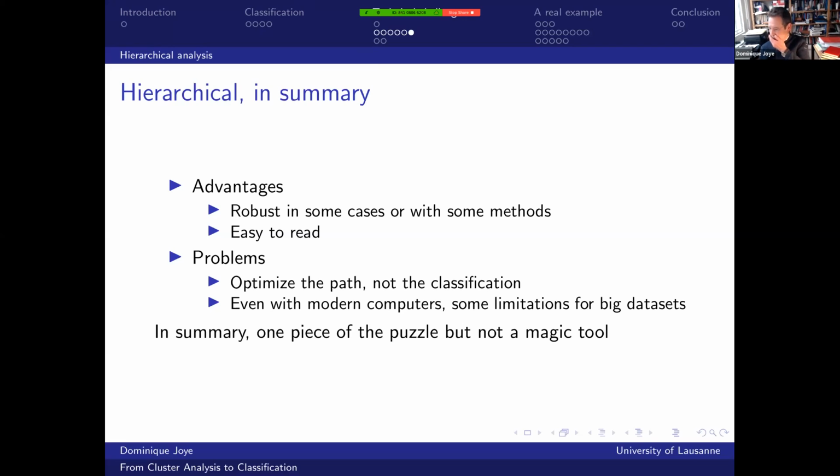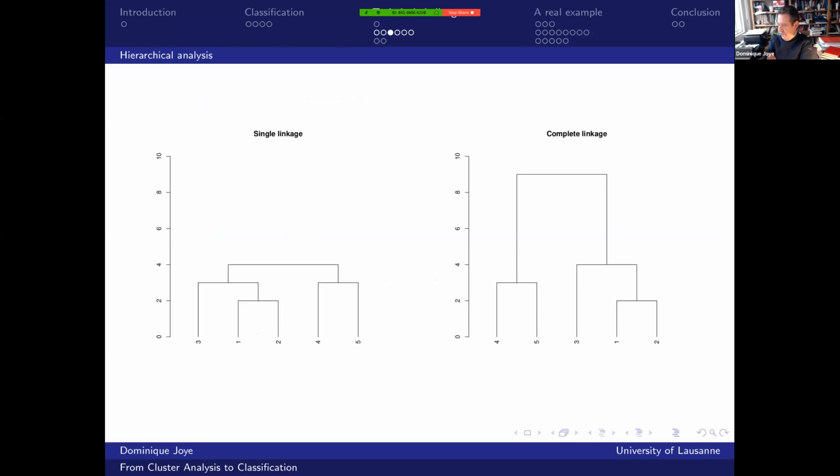And then there is another problem with these methods. If I go back to this, you see that in fact we develop a tree that goes from the points which are all isolated, and then step by step we put the points together.